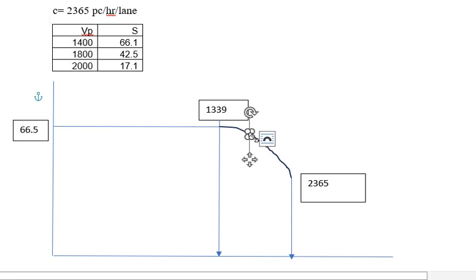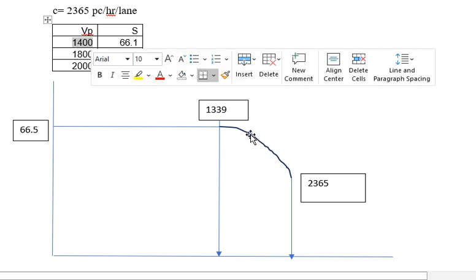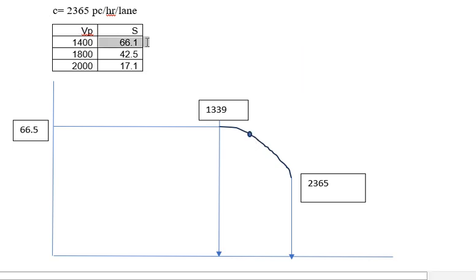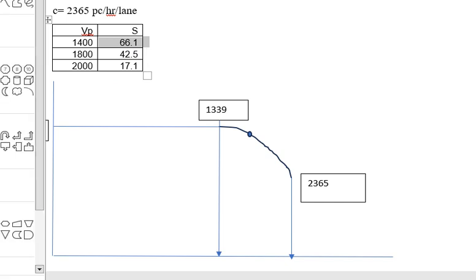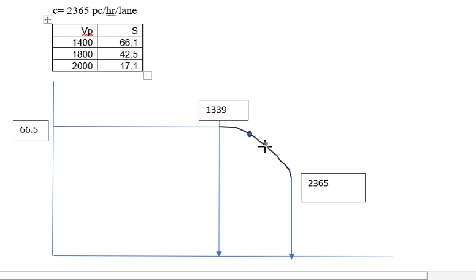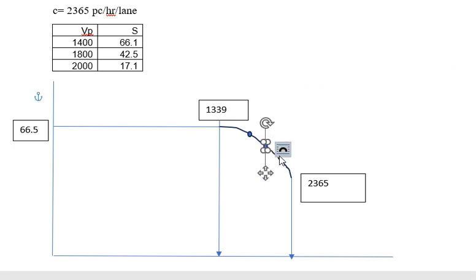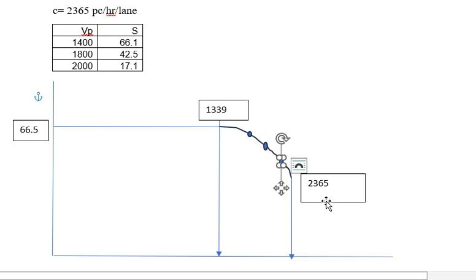Its x value will be 1400, and this point will have y value of 66.1. Then the next one here, and there is another one here. So in each case you know the x value from this column and the y value from this column.